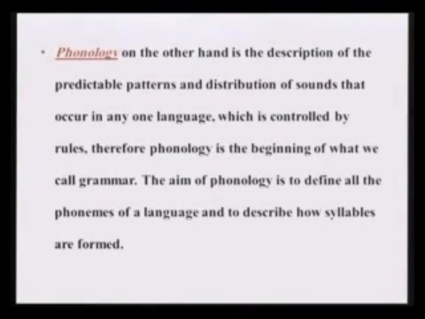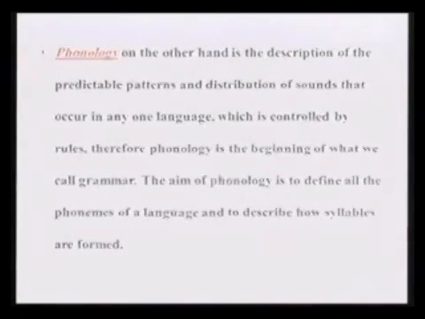Therefore, phonology is the beginning of what we call grammar. The aim of phonology is to define all the phonemes of a language and to describe how syllables are formed. ليه بنقول syllables هي غاية الفونولوجي؟ لأن السيلابل وحدة صوتية ملهاش دعوة بالمعنى خالص. حط سيلابل على سيلابل وربما كمان سيلابل، خلاص عملت موفيم، عملت معنى.